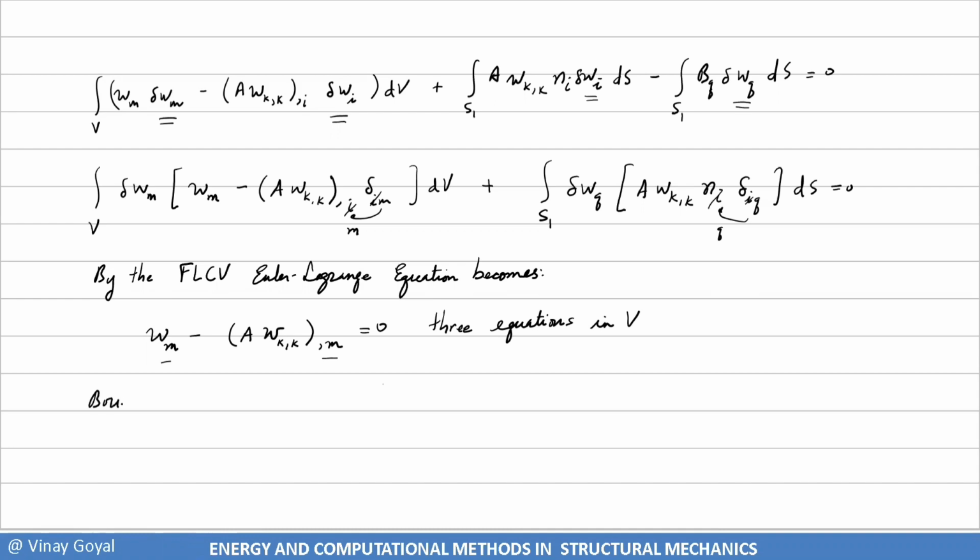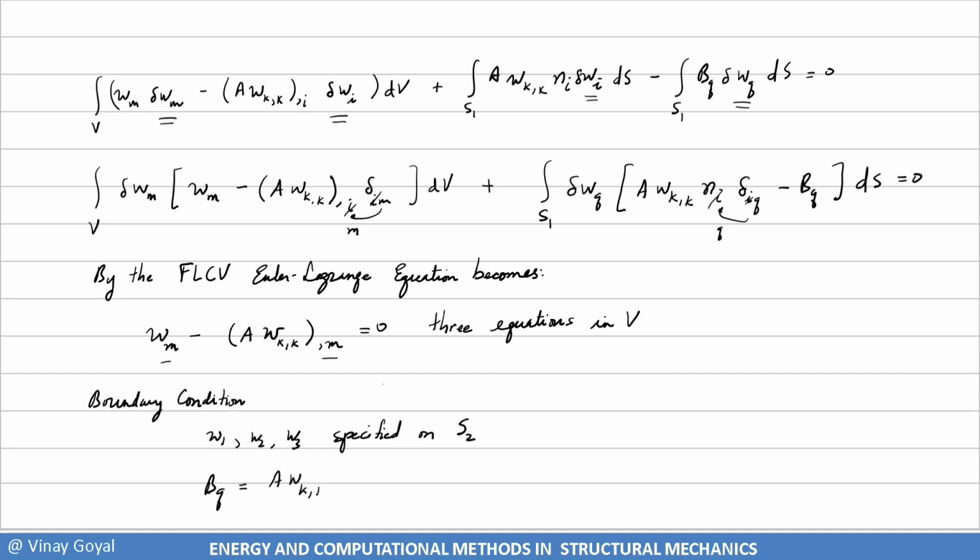And the boundary condition simply becomes W1, W2, and W3 specified on S2, while what we found here, and there's definitely a mistake here, minus BQ, BQ equals A Wk comma k, nq on surface 1.